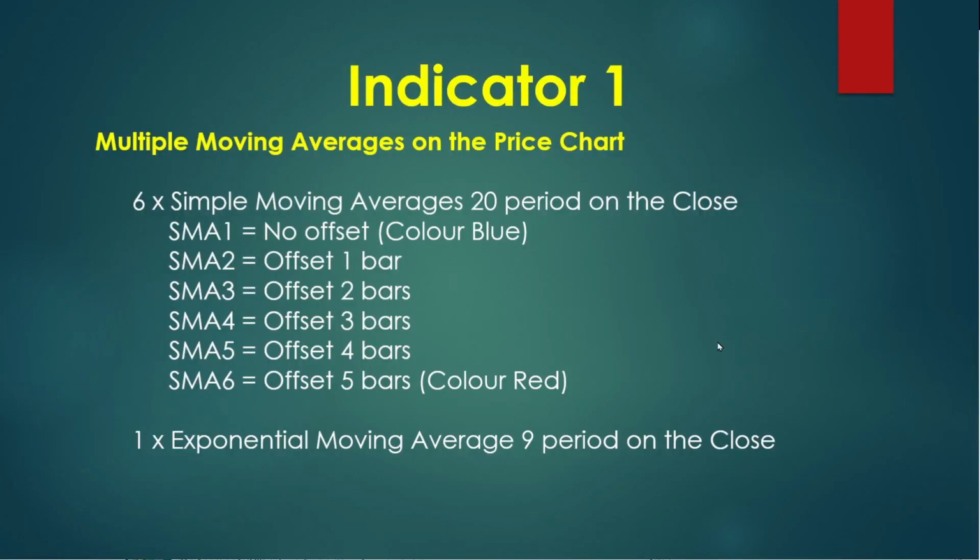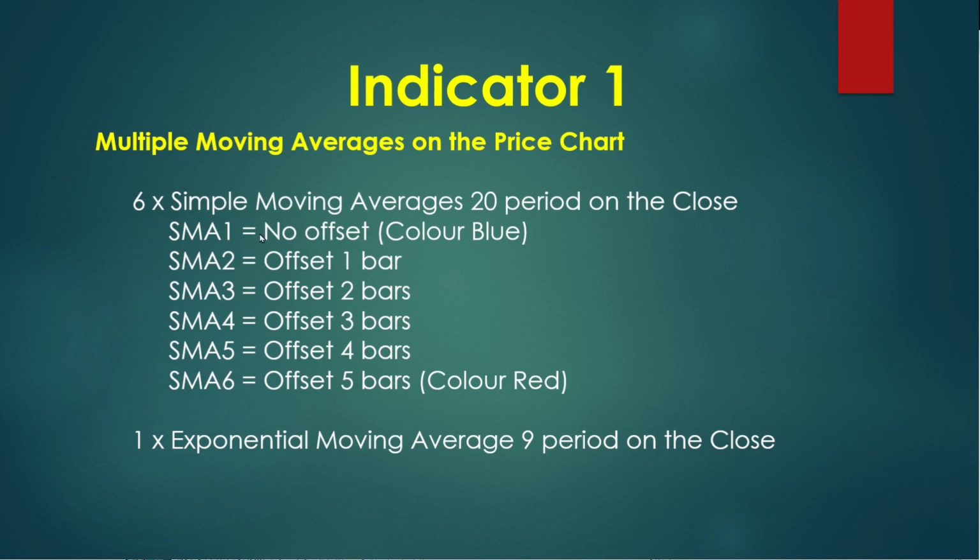So let me first talk about the first indicator on the price chart. That's the multiple moving average indicator, and there are 6 simple moving averages with the 20 period on the close. The first moving average is not offset, so it's a default simple moving average 20. The second moving average is offset by 1 bar, the third 2 bars, the fourth 3 bars, the fifth 4 bars, and the sixth moving average is offset by 5 bars.